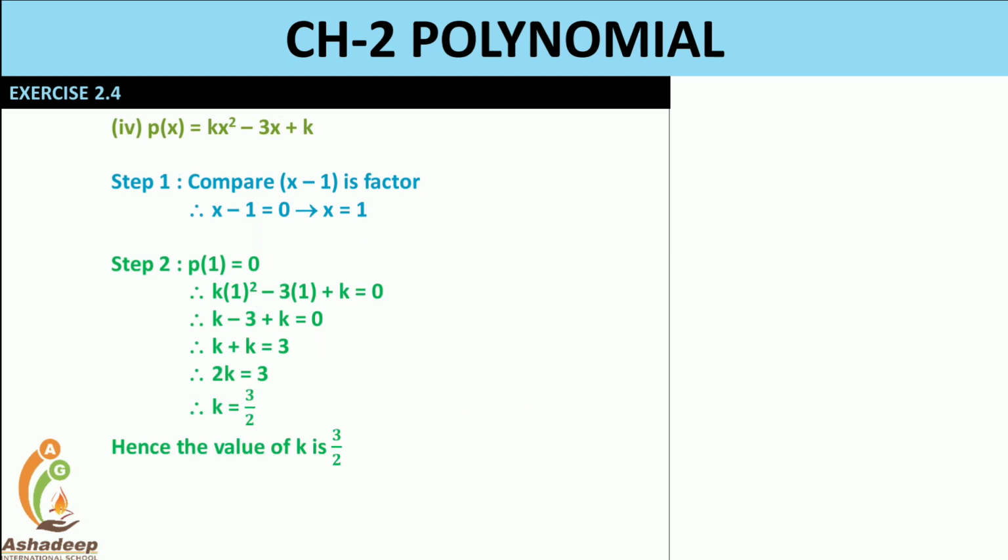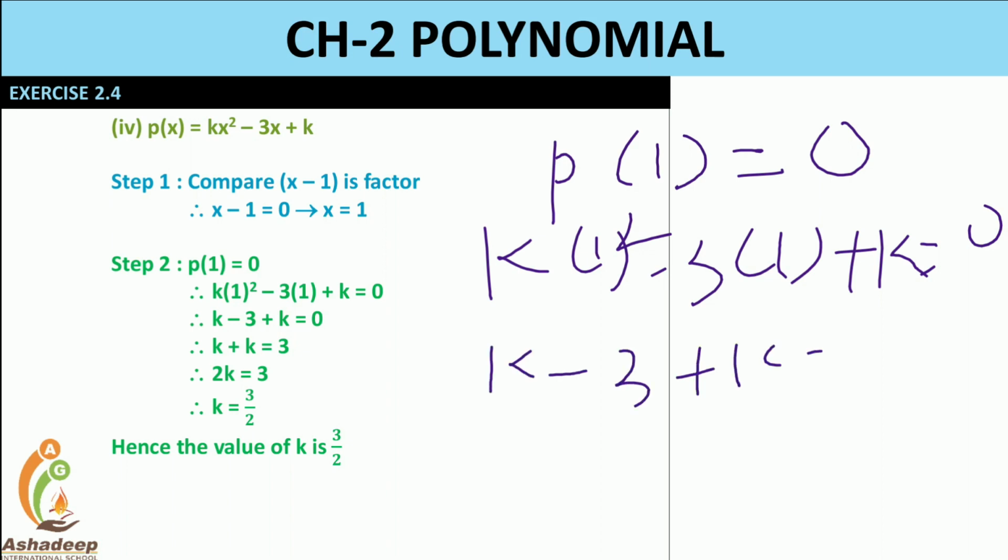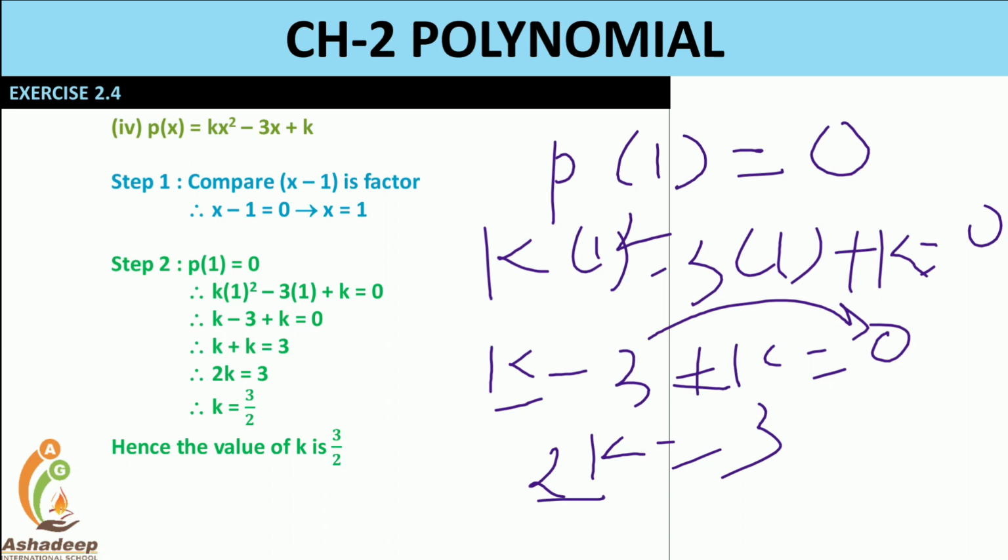Right? Fourth sum, same. P of 1 is equal to 0, and therefore k into 1 square minus 3 into 1 plus k is equal to 0. Therefore k minus 3 plus k is equal to 0. 2k is equal to 3 goes on to the another side, it becomes plus, and here k plus k, 2k.